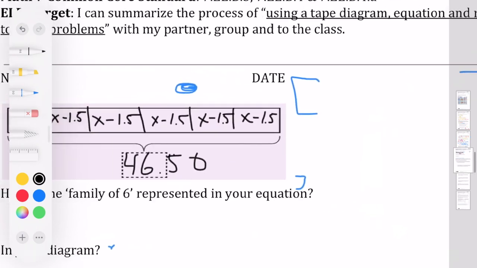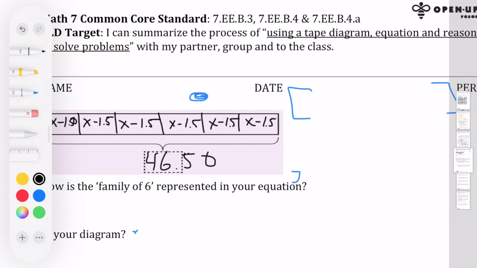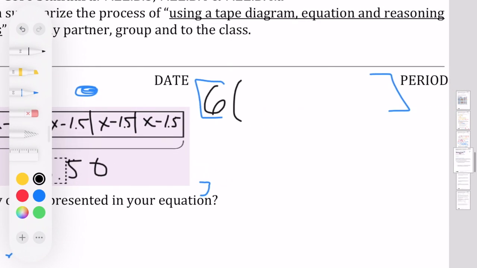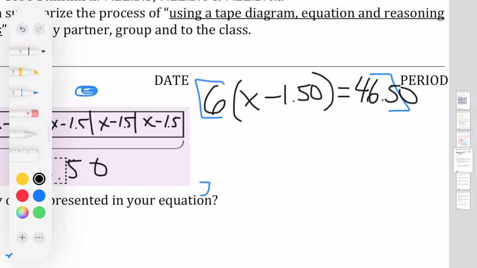Now, if I wanted to write this as an equation, I would have my 6 family members, and then of course how much it cost for each of my family members to go, which would be x minus $1.50, and then I need to set that equation to $46.50.